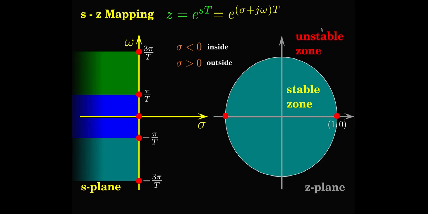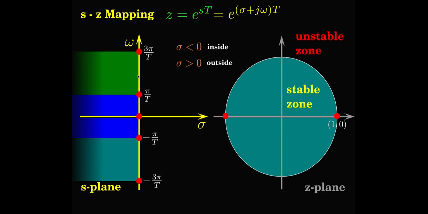Points outside the unit circle is called the unstable zone. This is a key, significant takeaway. And you can see that every 2 pi by t, minus pi by t to pi by t is the base band, which is one unit circle.